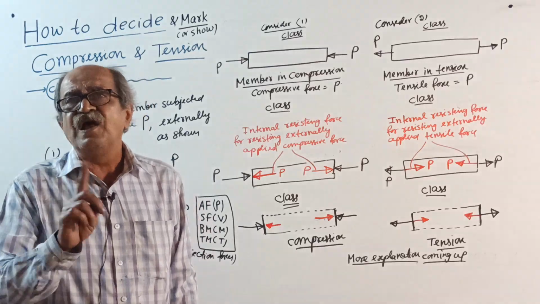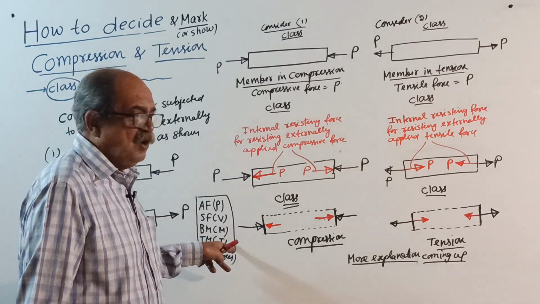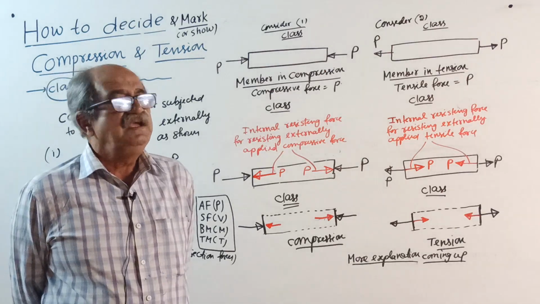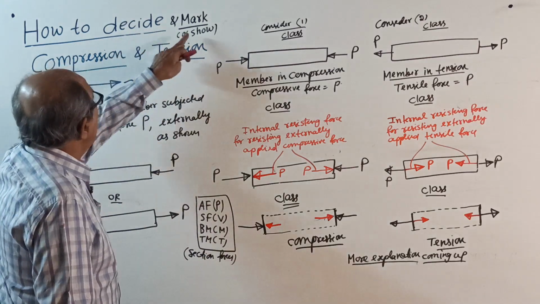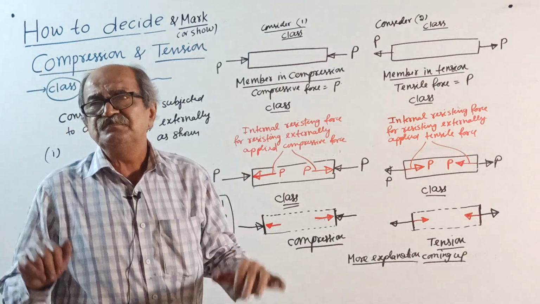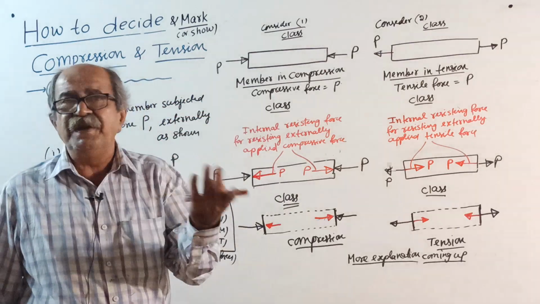They cannot be transferred. They should be resisted. So all these we will discuss in strength of materials, not now. In engineering mechanics, we require how to decide or how to mark. But concept is concept, so more details of this will come in strength of materials.